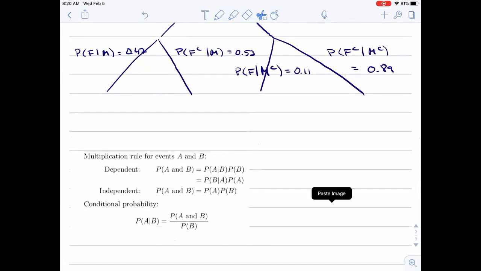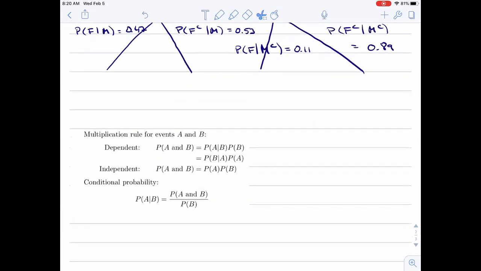If we know the probability of A given B, that's when we're allowed to use the multiplication formula. Because if I want the probability of A and B, getting an A on the midterm and on the final, I need to know the conditional probability of the later event. So in this case, the probability of getting an A on the final, given that they got an A on the midterm, times the probability of the A on the midterm. What this translates to is just multiplying down each branch.